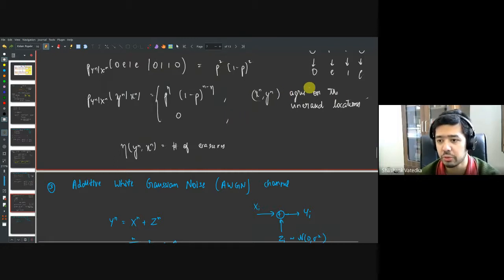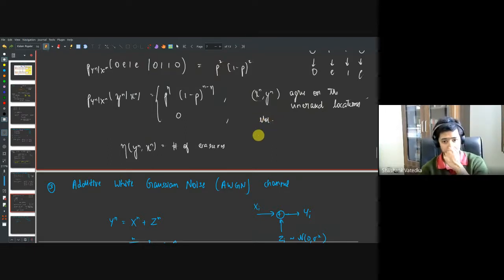And if they don't agree on the unerased locations, then it is 0. Sir, we can say in the unerased locations, the Hamming distance is equal to 0. Sure.